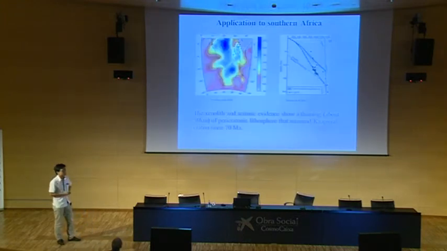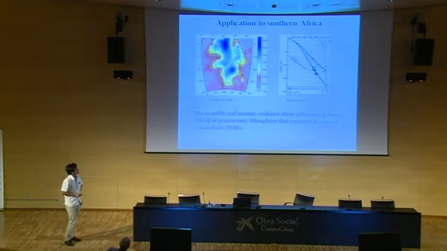So we apply our model to South Africa, in the Gabon and Namibia area, to show under what conditions the significant thinning of the lithosphere in the Gabon area can happen in 70 million years.